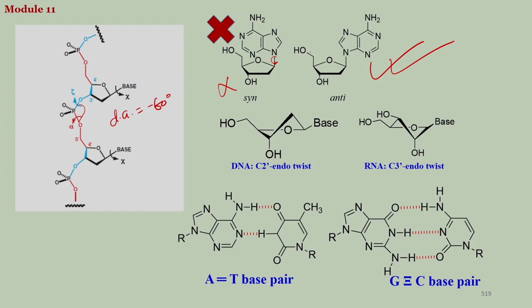Similarly, the sugar pucker conformation exists as C2 prime endo twist for DNA and C3 prime endo twist in RNA. And because of this, it can attain AT base pairs and GC base pairs with 2 hydrogen bonds and 3 hydrogen bonds respectively.